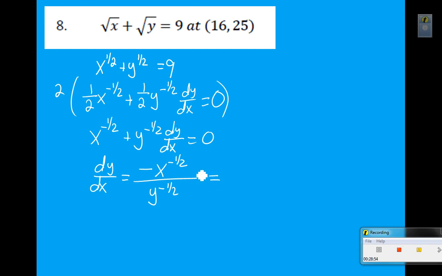And then I put this on bottom and that on top. So I have the opposite of y to the 1/2 over x to the 1/2, or the opposite of the square root of y over the square root of x. Either which way you get the same answer. Moral of that story, you have different ways to solve this.